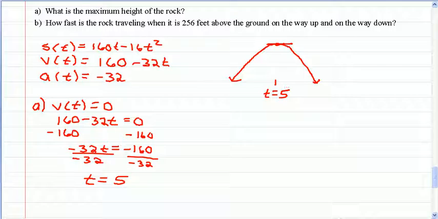So to find the maximum height, I have to use the position function. So this question has two parts.